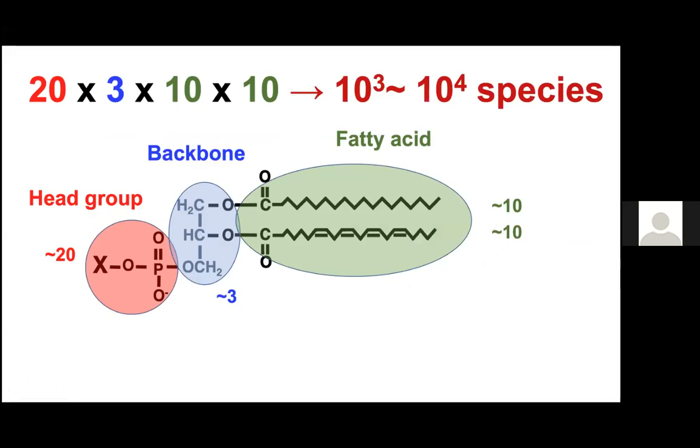Thus, phospholipids are composed of about 20 different head groups, at least 3 different backbones, and at least 10 different fatty acids, both at the SN1 and SN2 position. Therefore, in theory, glycerophospholipids may consist of more than 1,000 species, as shown in this slide.